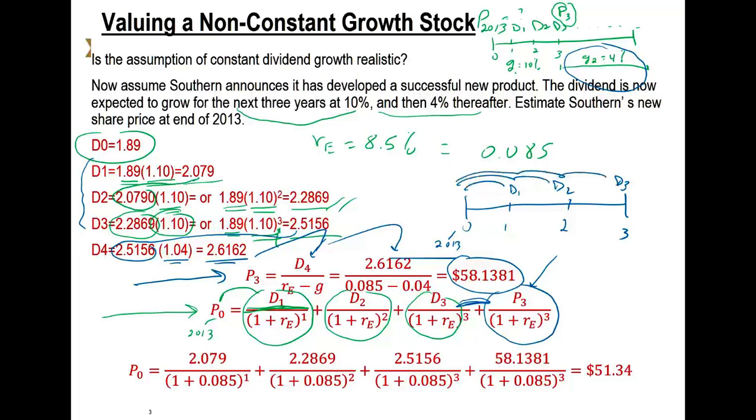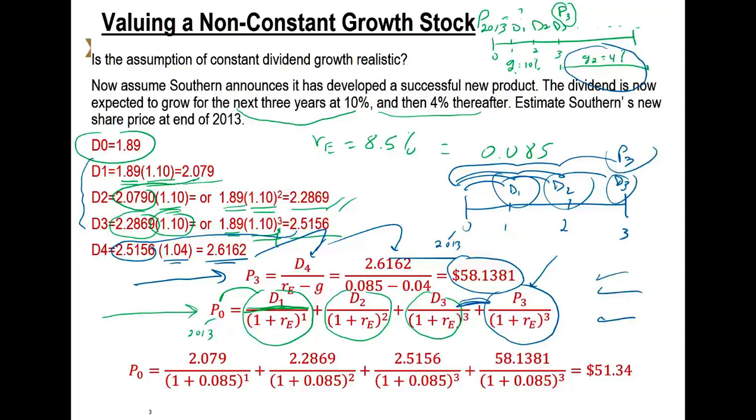And if you were to sell that stock at the end of year 3, what price would you get for it? Well, the price would be P sub 3. That's what the stock is worth then, so you would also receive P sub 3. So really, the stock is worth what you expect to receive, which are these 4 components. So I'm going to discount these 4 components. That's what I'm doing here.